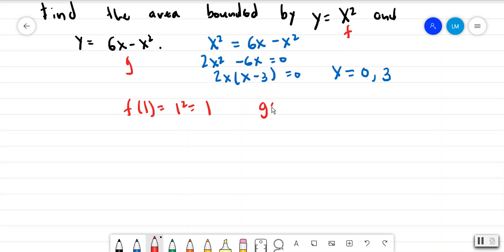If you have g of 1, you have 6 times 1 minus 1 squared, which is just 5. So that means that the parabola g is on top. Notice that back over here, this is f and this is g, and the simplification part of it is f minus g, but we just said that g was on top.